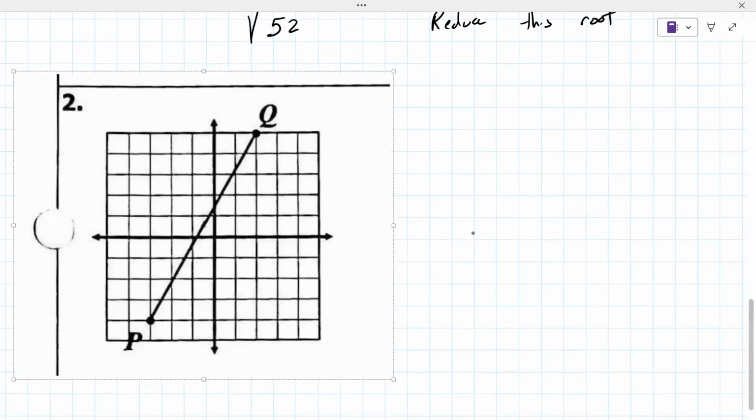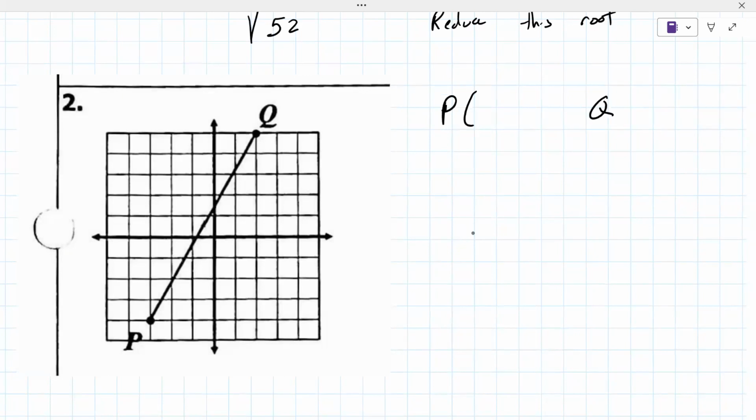We want to first identify coordinates P and Q. So could you give me the ordered pairs of P and Q, please? Okay. So P would be negative 4. All right, the Y coordinate is -4.